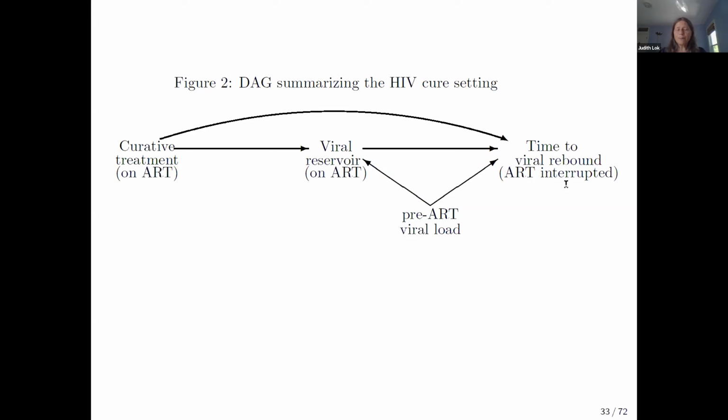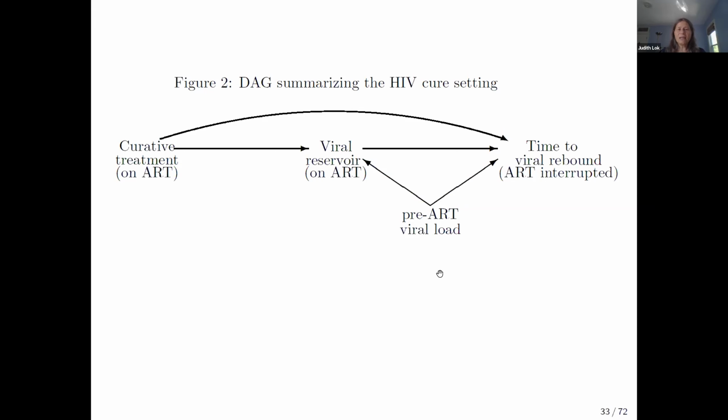In order to measure the time to viral rebound, ART needs to be interrupted. Most HIV positive patients are on ART, and most of them are expecting to be on ART until science has found a cure. For some, that may mean for the rest of their lives.